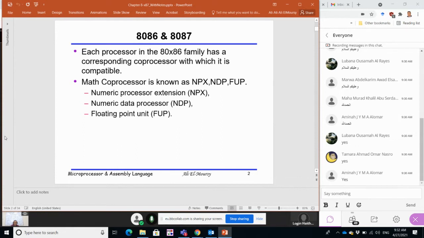We can spend maybe one full course explaining one mathematical operation, addition, multiplication or division, or even addition and subtraction, to explain the hardware. How to build hardware for floating point is really complex, and it needs a significant amount of work and explanation. So we can spend one full course explaining the hardware to perform one mathematical operation in floating point.